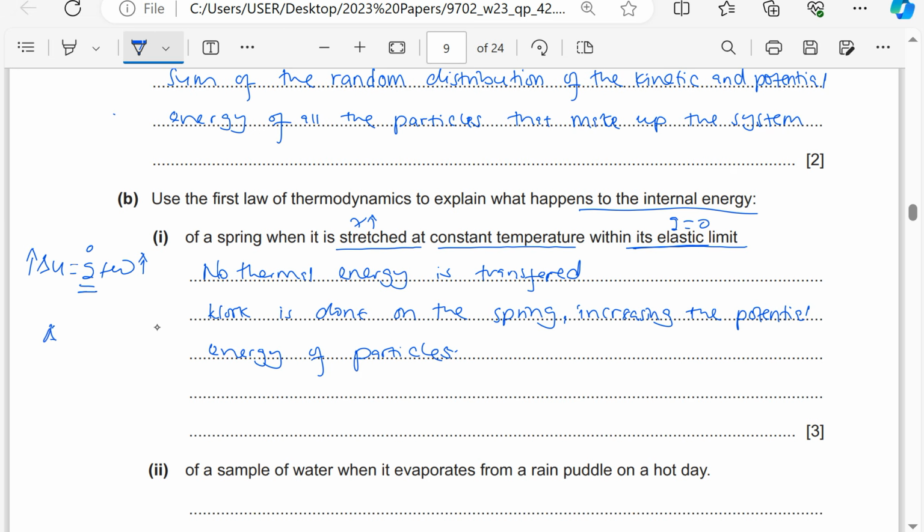Remember internal energy is equal to Ek plus E potential. The potential energy component is increased, so the internal energy increases.